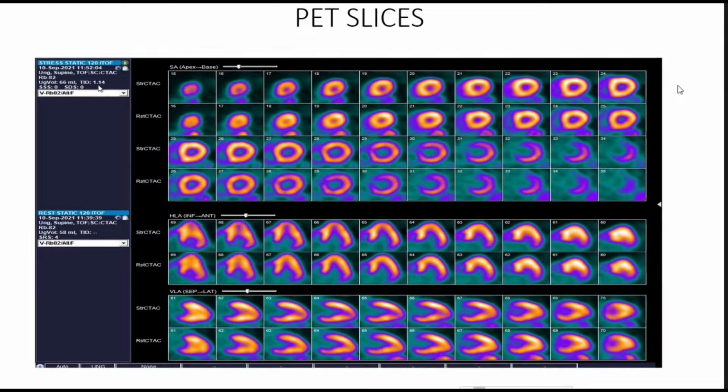Okay, well, let's talk briefly about TID. So this is not a physical thing. The heart did not increase by 14%. What this actually says is that there is more chamber here. So one of two things has happened.